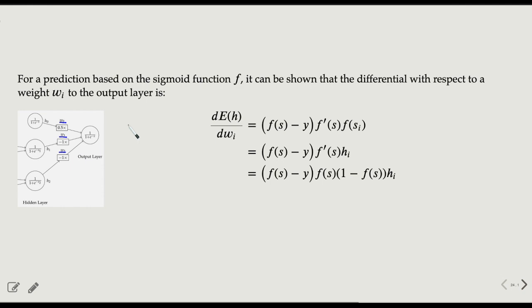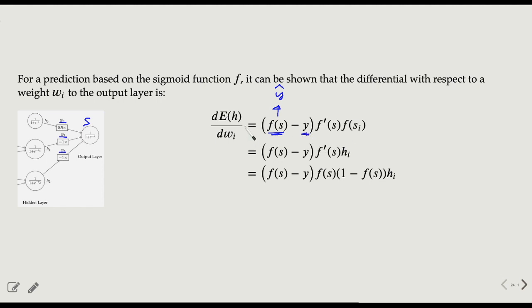Because now that we have an error, we make a prediction and we know how much the difference is, we want to adjust the weights so that in the future this error may be minimized. Here F(S), where S is the weighted sum from the hidden layer, is exactly y hat. So this is the predicted value minus the actual class value.